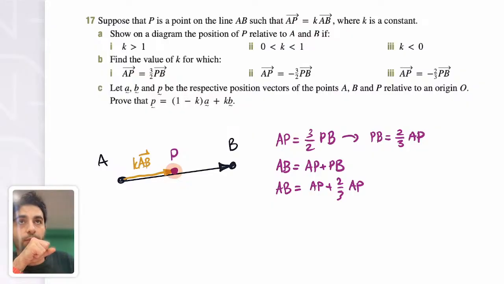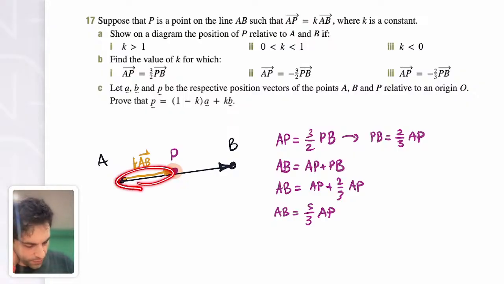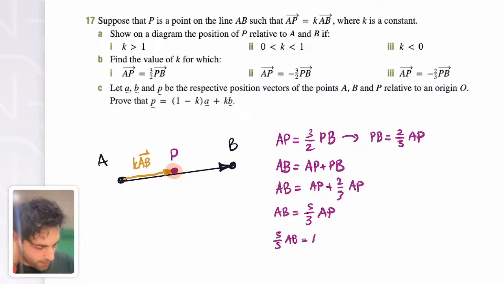Everyone agrees with that? And that's the same thing as AB equals 2/3 plus 1, which is going to be 5/3 of AP. Yeah? So what we're saying is, here's AP, right, or 3/5 of AB. So moving that to the other side, 3/5 of AB equals AP.